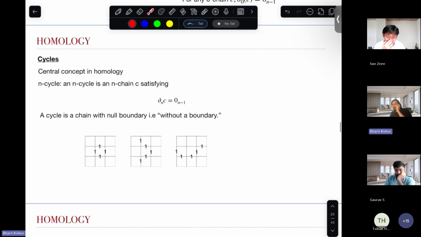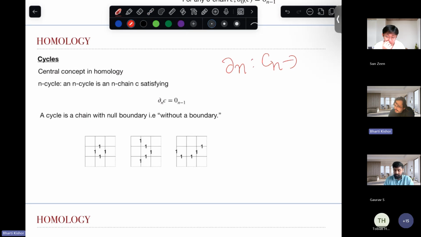Once we understood the boundary, the next thing is cycles. So you see that we are talking about some map delta n, which is taking us from Cn to Cn minus 1. But then one can ask, can there be objects which do not have any boundary? These objects are called cycles. A cycle is a chain with null boundary.